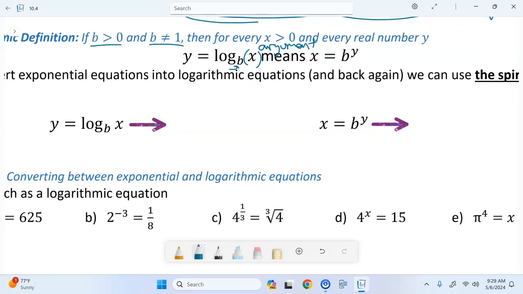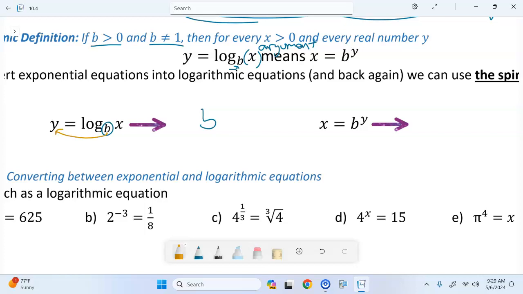I like to use what's called the spiral method. The base of a logarithm and the base of its equivalent exponential function will always be the same. So we start at the base. Okay? We start at the base. So the base of the logarithm is going to be the base of my exponential function. And then we draw a line from the base to the other side of the equal sign.